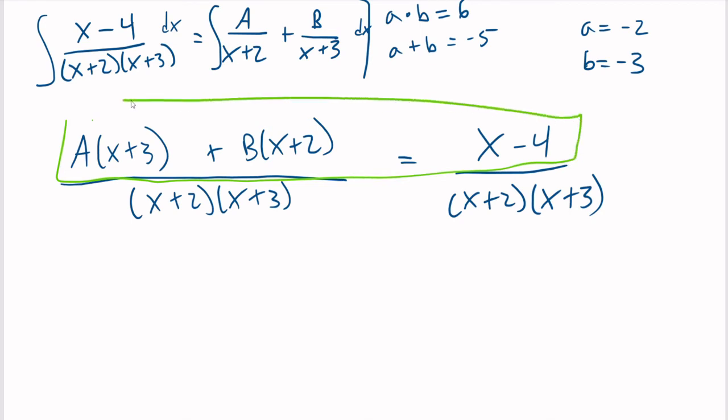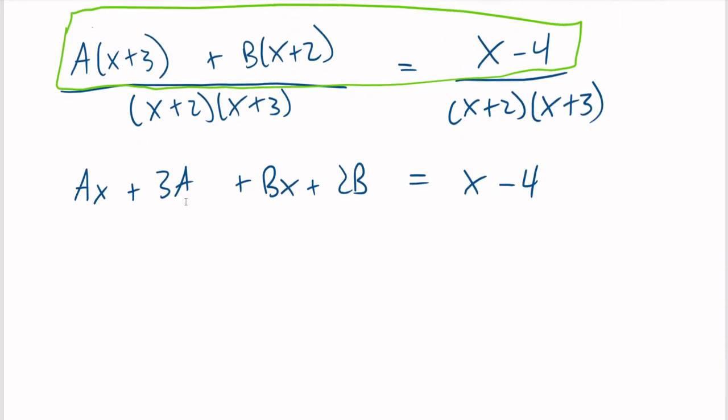I don't care about the bottom because they're already equal. So what am I saying? I'm saying I need, and we're going to actually multiply this out as we go here, ax plus 3a plus bx plus 2b, so I'm just multiplying out here, to equal x minus 4.